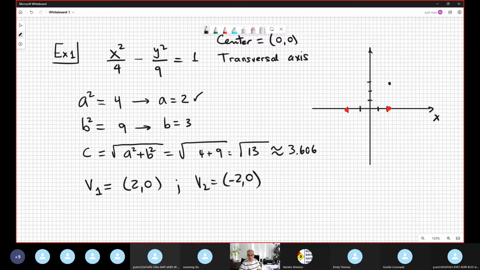I suppose this is one corner of the reference rectangle, and 3 down is another corner, and another corner. We want to determine this point, but it is not important. Important is the asymptote. It looks like that. This is the order to do it by hand, but I forgot the rule. I need to use the rule here.